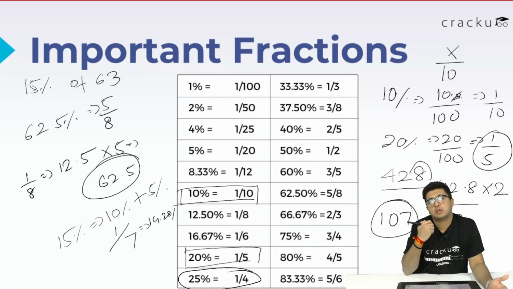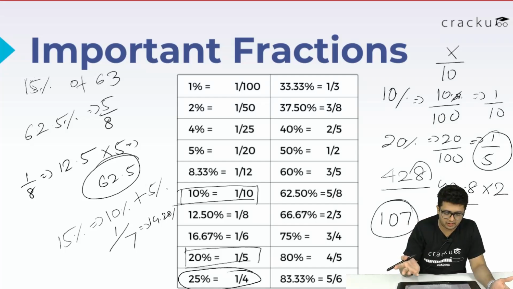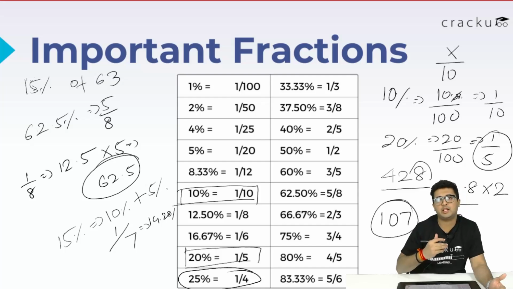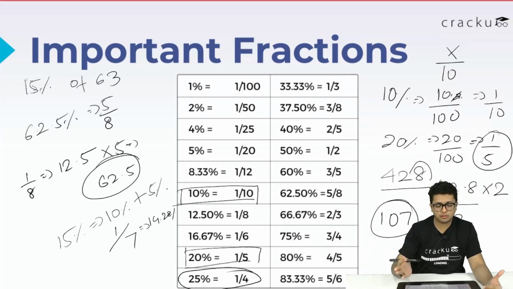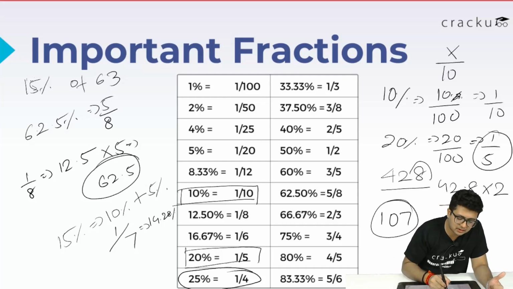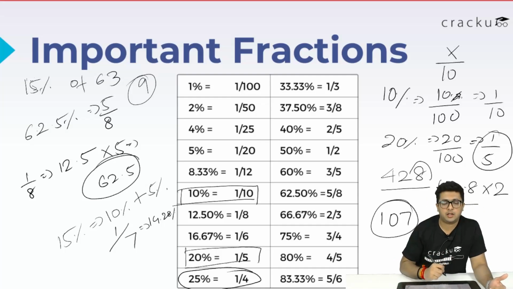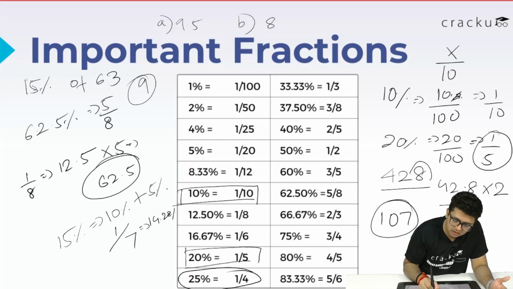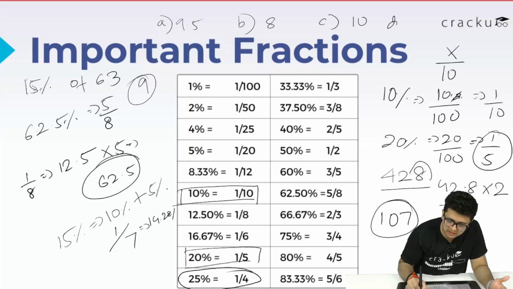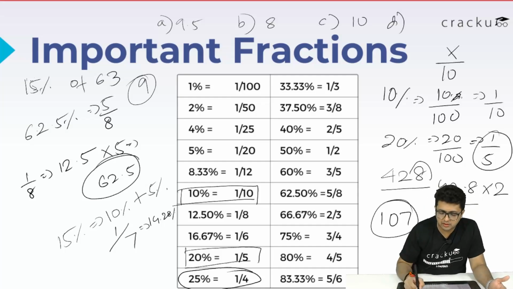63. Now this might be slightly harder to calculate, but if I can approximate using fractions, because I know 1 by 7 is 14.28%, which is close to 15%, right? I divide by 1 by 7, I get the answer as 9, right? And if your options are, let's say, option A is 9.5, option B is 8, option C is 10 something, and option D is somewhere just above 9, let's say 9.3 or something, right?